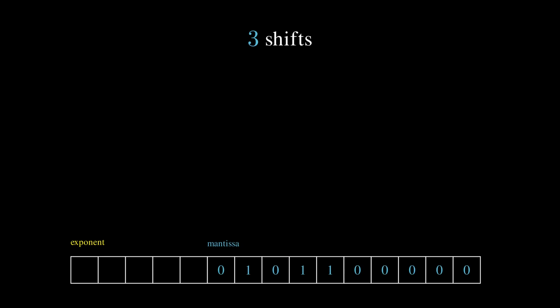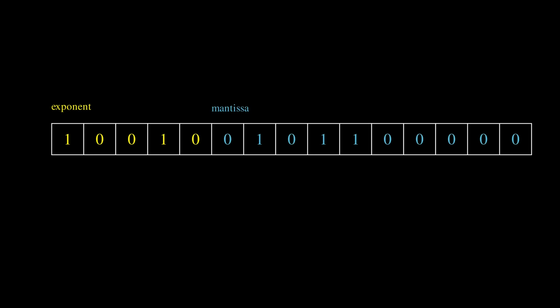Remember how we used 3 jumps to get to our fraction? The number of jumps is just our exponent. We do need to add the exponent bias to the exponent, in binary, of course. Lastly, our sign is positive, so we'll leave the sign bit 0. And that's it, our fully valid floating point number.